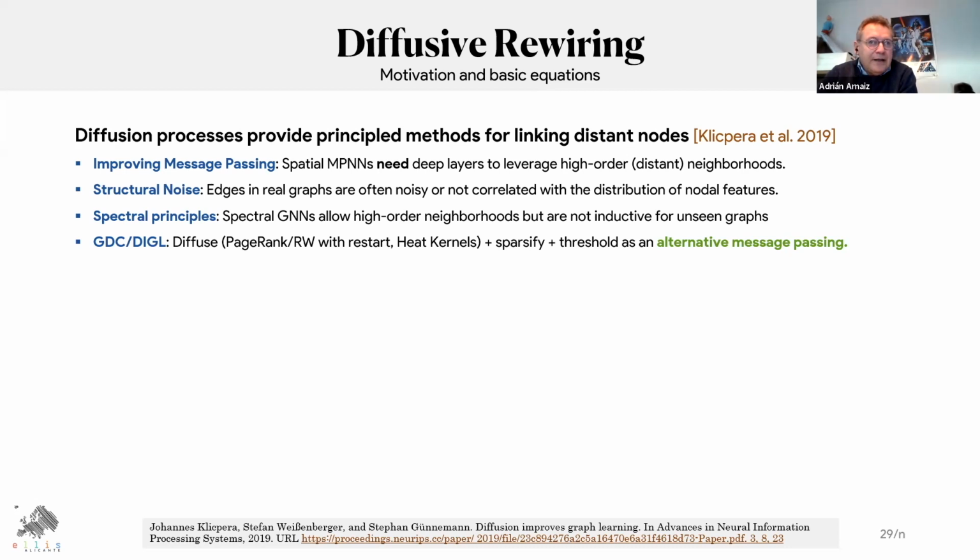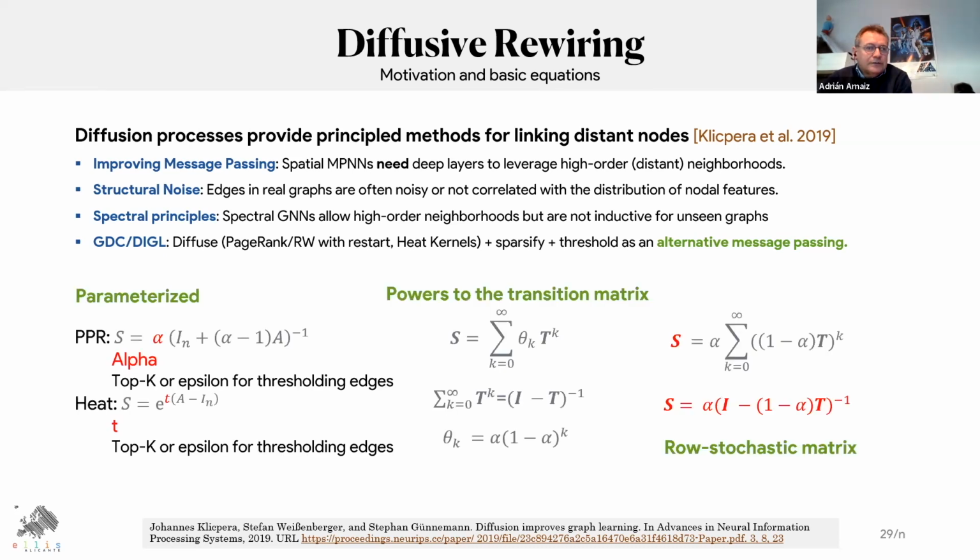The idea is to change the adjacency matrix of the input graph. This is done once because we are dealing mainly in this part with the problem of node classification, and then use the weights of the diffusion as alternative weights for the message passing.